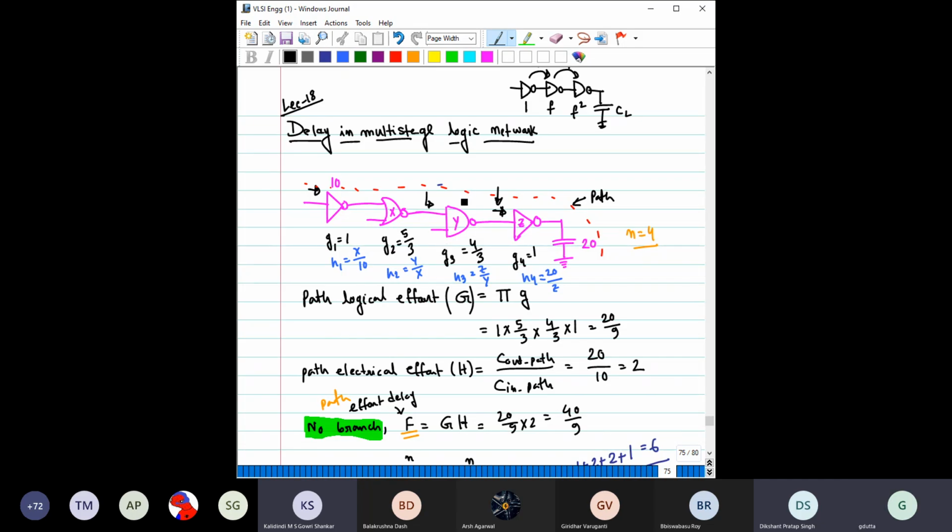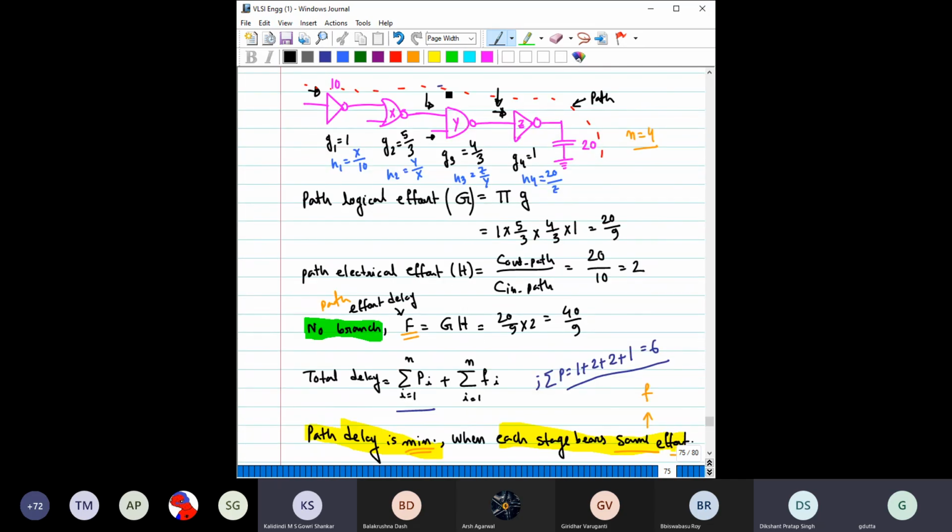If you connect something else here, whatever capacitance you see from here, you will also see from here. But that should not bother us because we are considering the path is this, right?